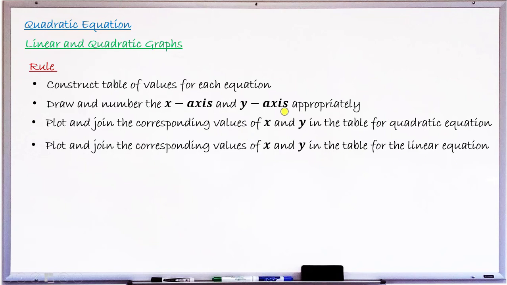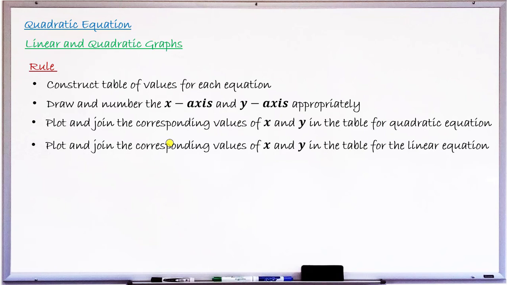It's good you do one at a time, because if you plotted those points for the quadratic and didn't join them, they will be mixed up with the points that you have plotted for the linear equation. That is why step number 3 says plot and join before plotting for the second table.